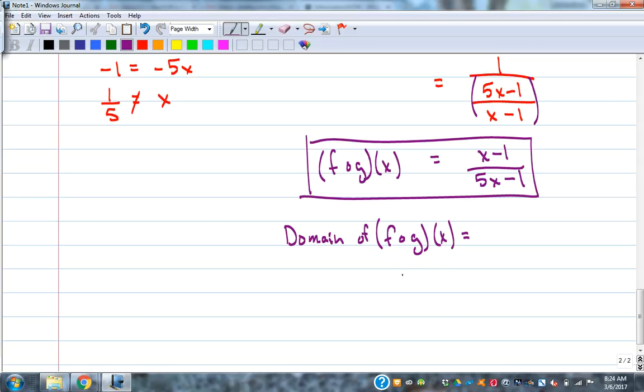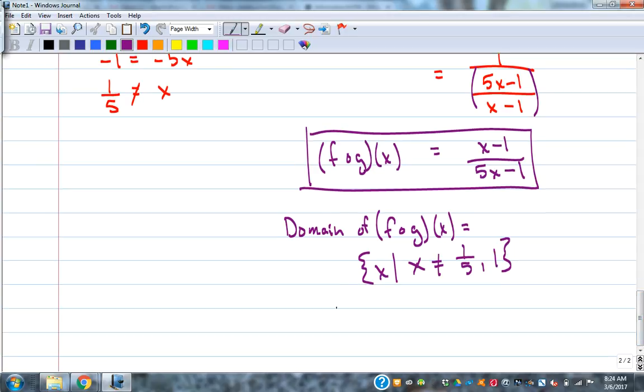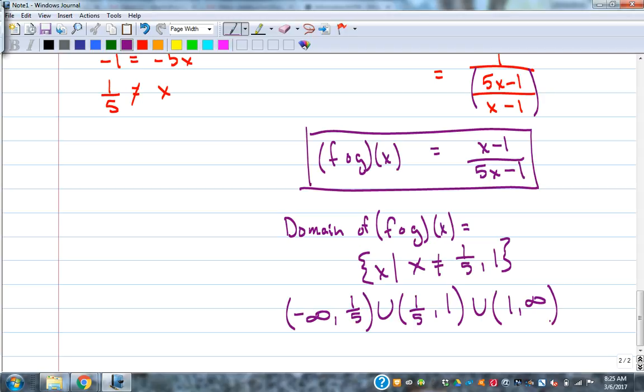So our domain for this would be x does not equal 1/5 or 1. And then let's get the interval notation for that. It would be negative infinity to 1/5, 1/5 to 1, 1 to infinity. There would be our domain.